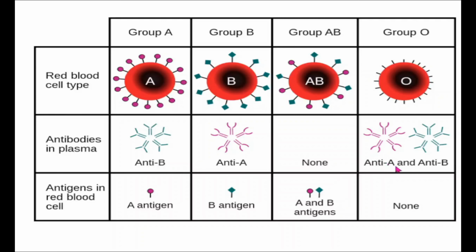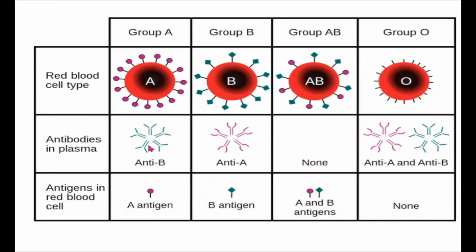In blood group O, anti-A and anti-B will be made, because there is no protein on the surface, therefore everything is foreign for this blood surface. So A is foreign for it, B is foreign for it, therefore anti-A and anti-B will be made.